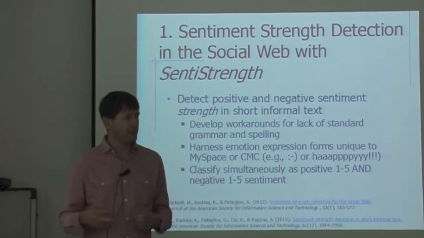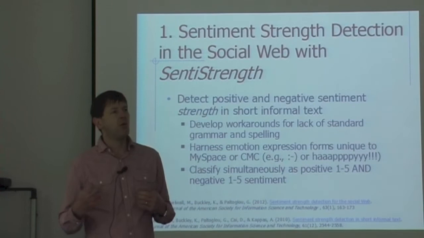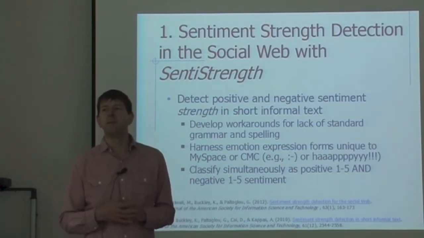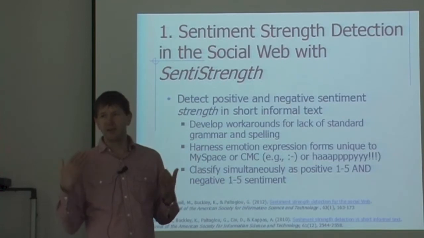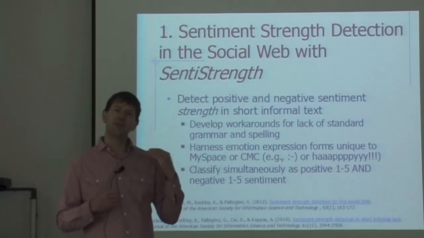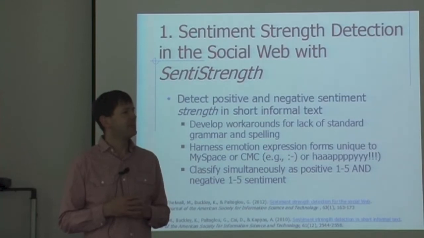And the reason for that is because the psychologists say that although we think of sentiment as being either positive or negative typically, in reality human brains process positivity and negativity to some extent separately. So you can feel a bit positive and a bit negative, or even sometimes very strongly positive and very strongly negative at the same time.